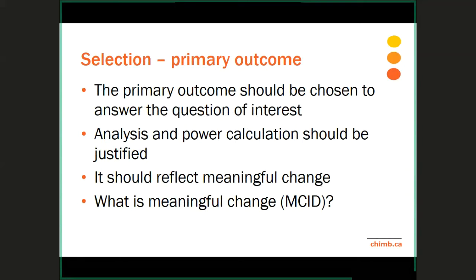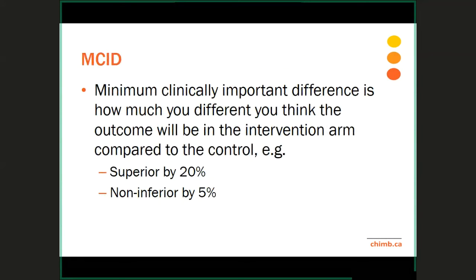So the minimum clinically important difference, or the MCID, is how different you think the outcome will be from the control arm. So, for example, you think your new treatment is going to be superior by 20% compared to standard of care, or you think it will be non-inferior by 5%. So when you do a power calculation, you actually have to set a bar for what your difference is going to be in that primary outcome.